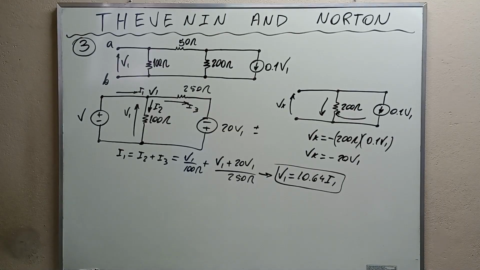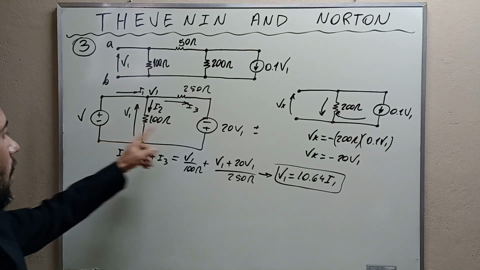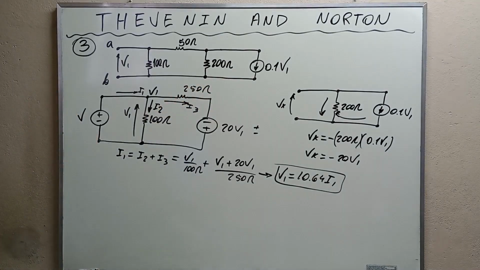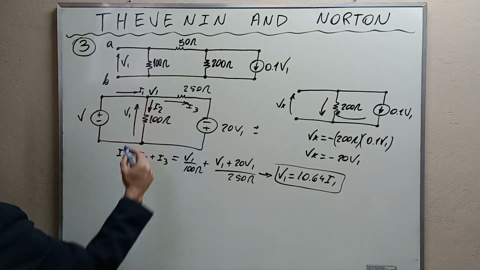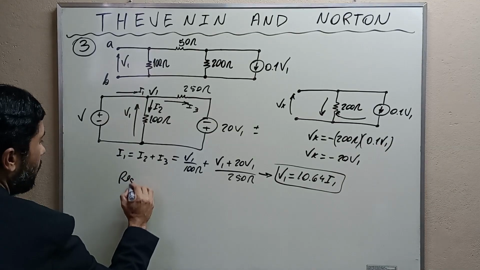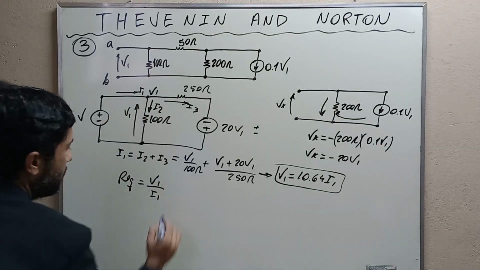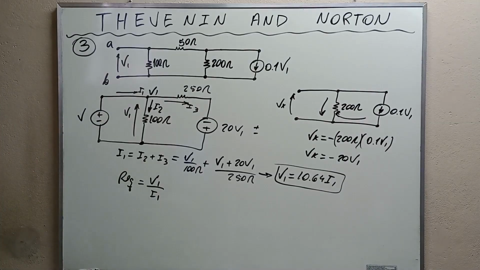The equivalent resistance here is different because we are not going to set any of these sources at rest. We can simply calculate, because here we have I1 and V1, and the equivalent resistance is equal to V1 over I1, simply the division of the voltage and the current.